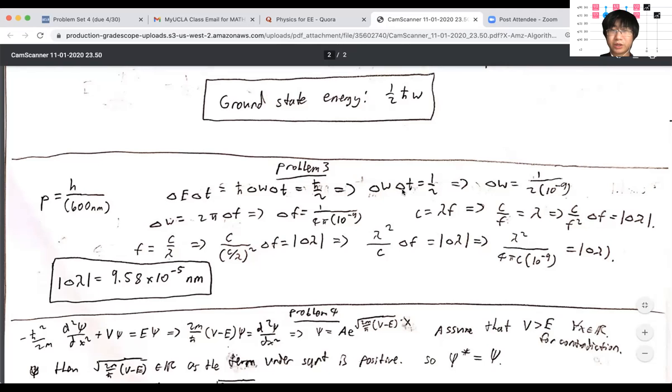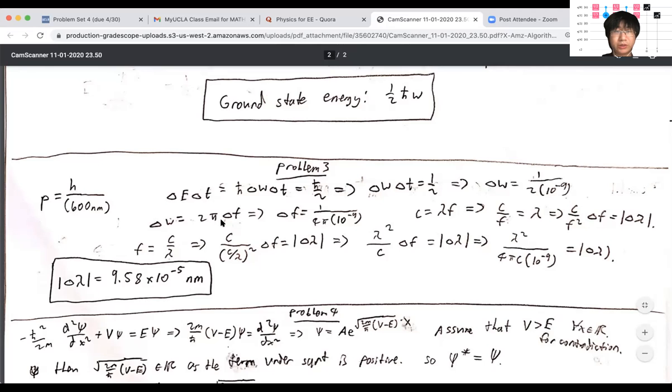So you plug in the time here, and you get that the delta omega, the spread of frequencies, is 1 over 2 times the shutter time.